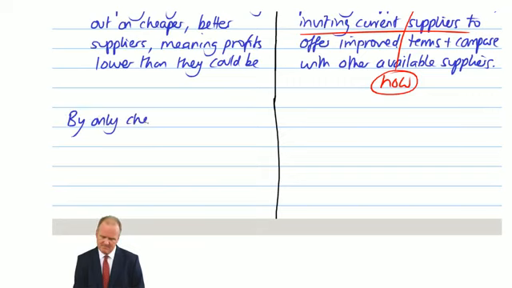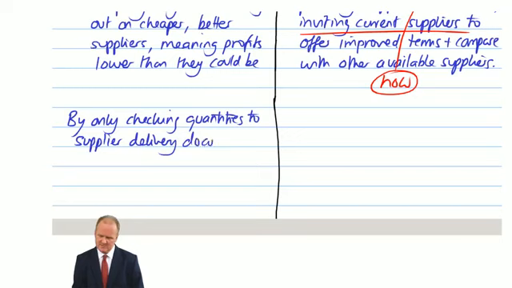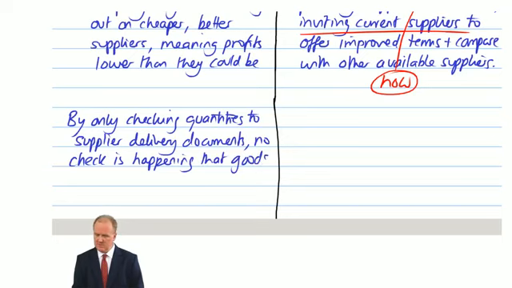By only checking quantities to supplier delivery documents, no check is happening that goods were actually ordered.